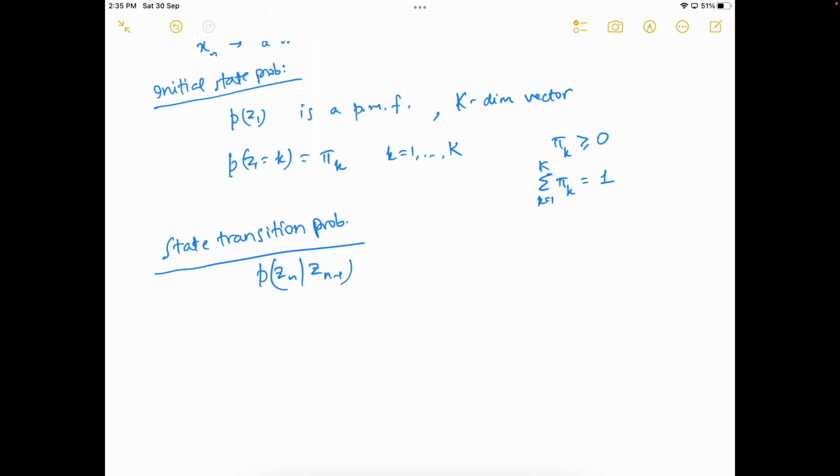Gaussian? Why not Gaussian? Yes, my Zn is a discrete random variable. Zn minus 1 is also a discrete random variable. It's again a PMF.